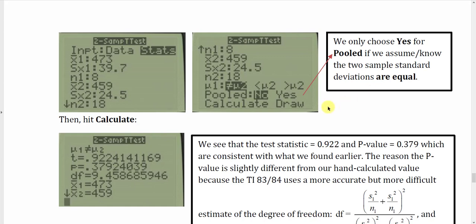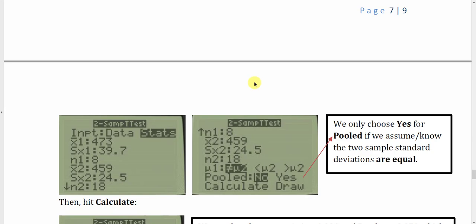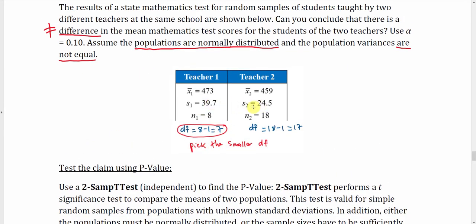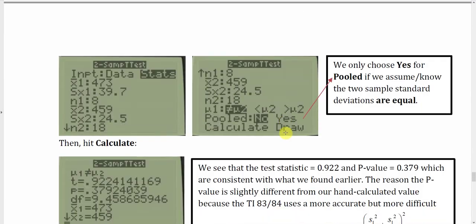In this case, we assume the standard deviations of the two populations are not equal, and that's why we pick the option no. S1 is 39, S2 is 24, so they are not equal.